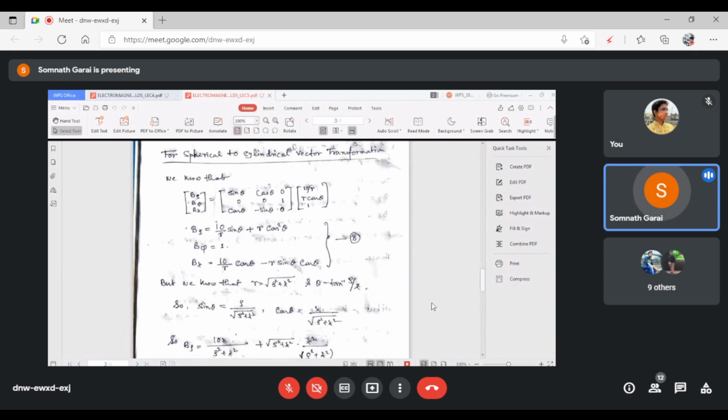Now another problem I discussed, that is spherical coordinate system to cylindrical coordinate system.